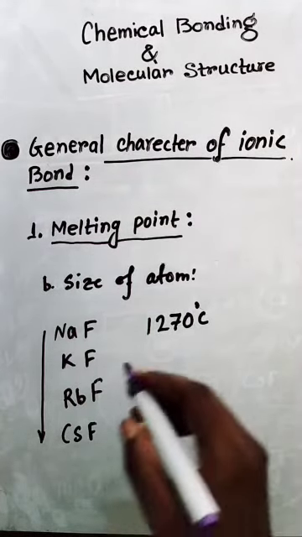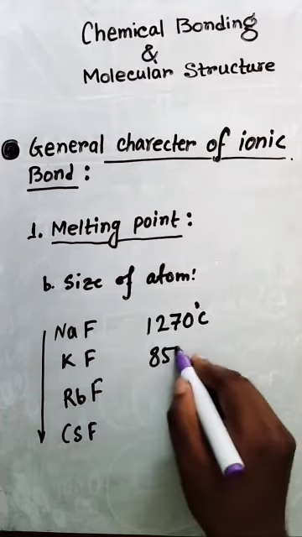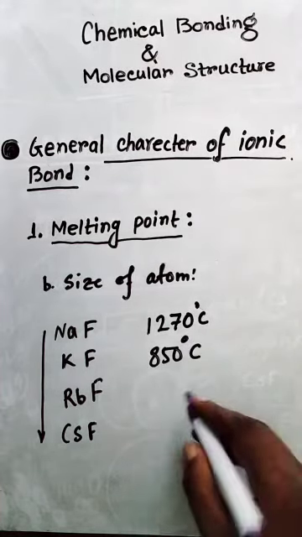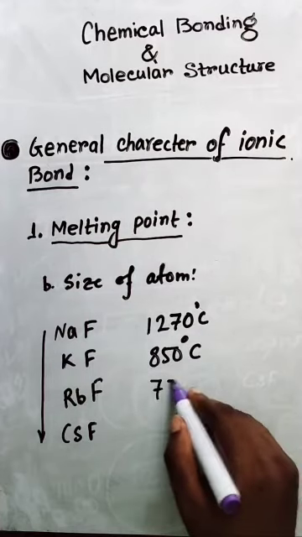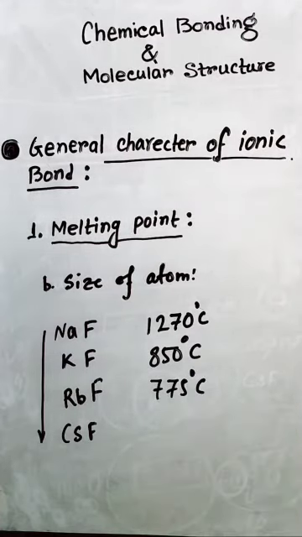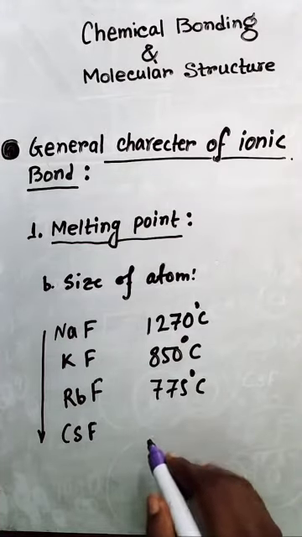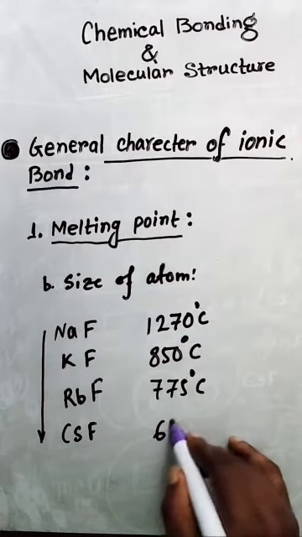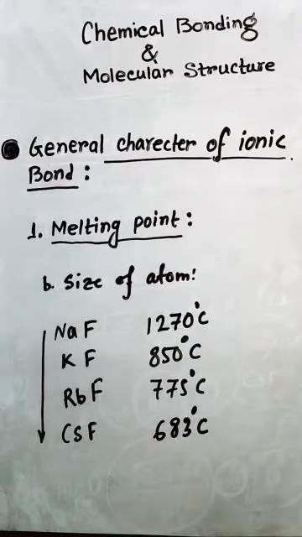For potassium fluoride it is 850, for rubidium fluoride it is 775, and for cesium fluoride the melting point is 683 degrees centigrade.